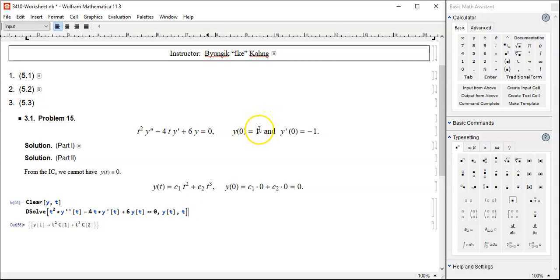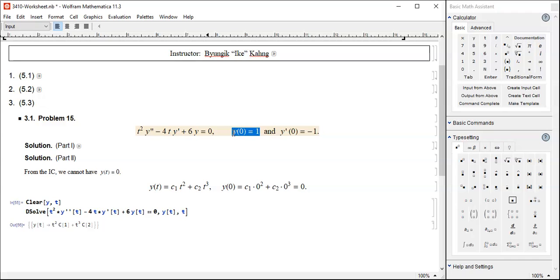And if I plug into this initial condition, I'm not getting anything. Plug in t equal to 0, then I'm supposed to get 0 squared, which is 0. 0 cubed, that's still 0. But I cannot get y0 equals to 1.